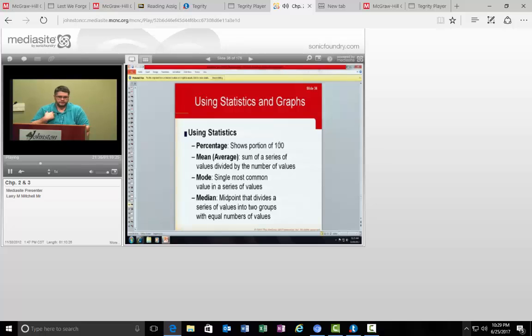Common terms are percentage, the mean, median, and mode; those are really three big ones. If you've ever had a statistics class, which is common for sociology or psychology, you're familiar with those terms. Sociology and psychology are math heavy, believe it or not, and so these are things that you will run into quite a bit as well.